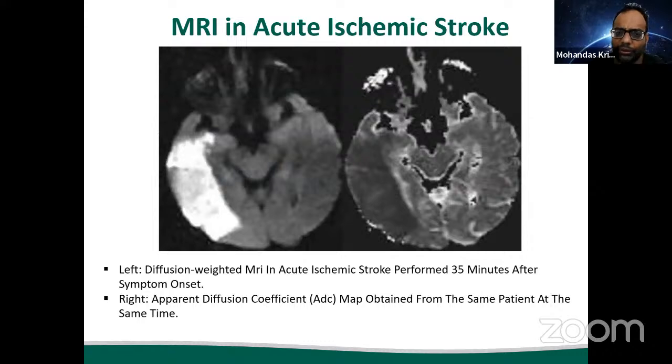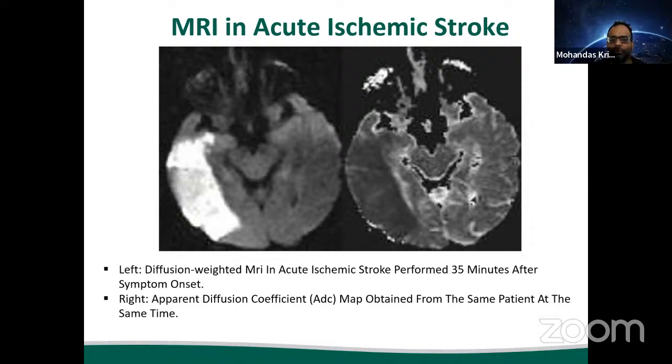So you see, this is in acute ischemic stroke. These are the images you can see in diffusion weighted MRI of ischemic stroke, performed 33 minutes after the symptom onset. Generally, we take a CT scan, right? We take a CT scan because the images are available immediately.